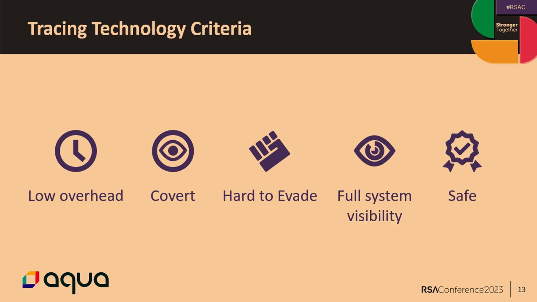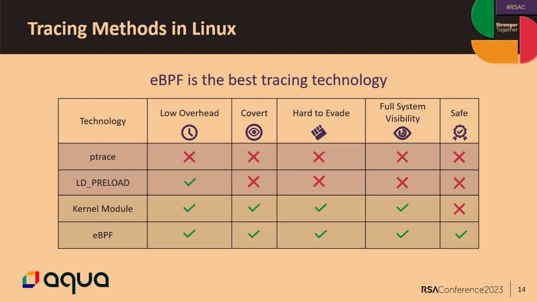We want it to be hard to evade so attackers can't disrupt our actions or change our monitoring easily. And we want it to have full system visibility to know as much as we can, and we want it to be safe so it won't crash our system, of course. So we gathered a list of tracing methods in Linux, and we found out that eBPF is the best tracing technology in our opinion. And soon you'll understand why.